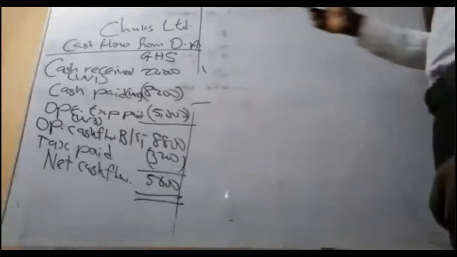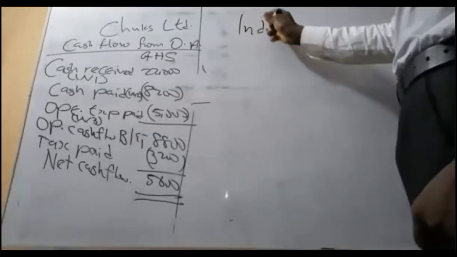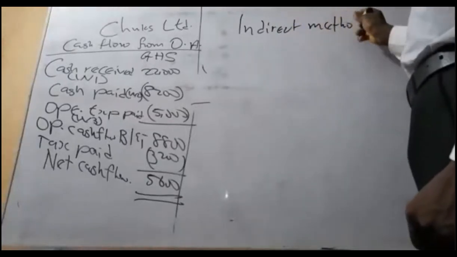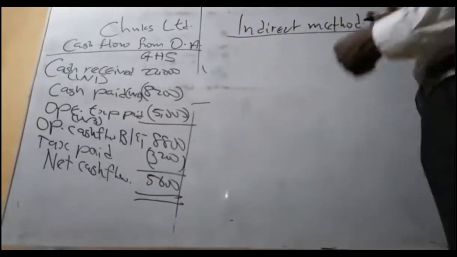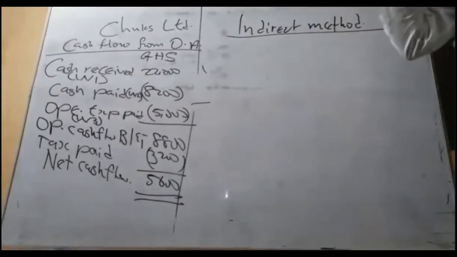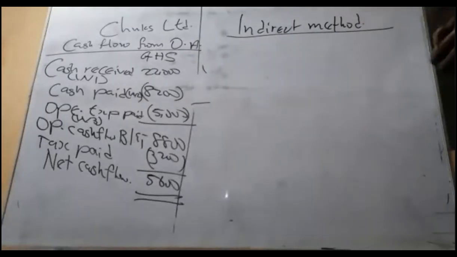Good. So don't forget that the direct and the indirect method have to do with what? Only cash flow from where? Operating activities. Good.